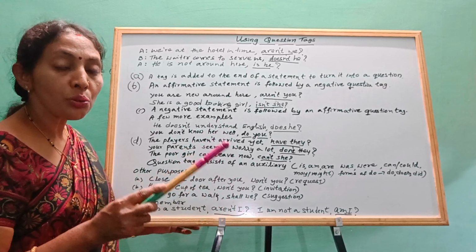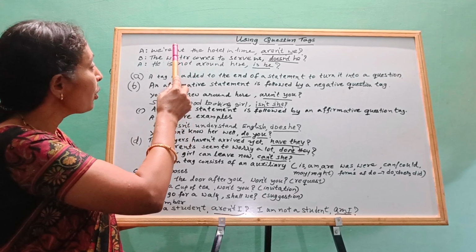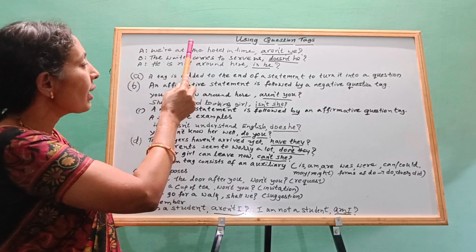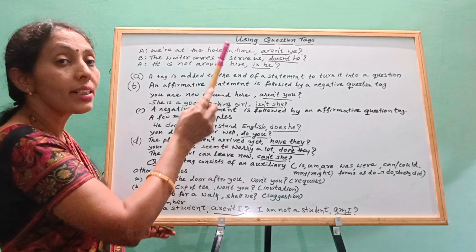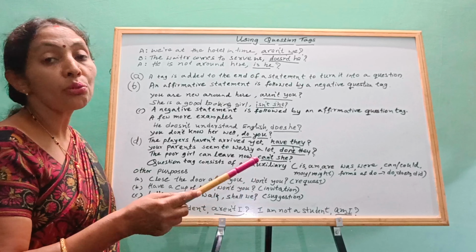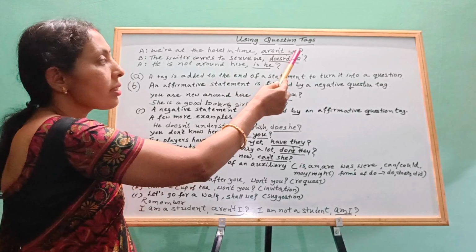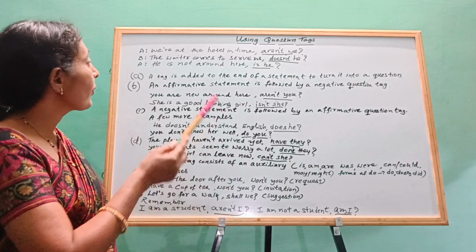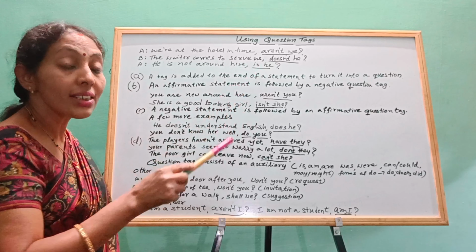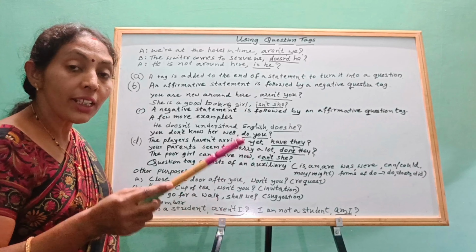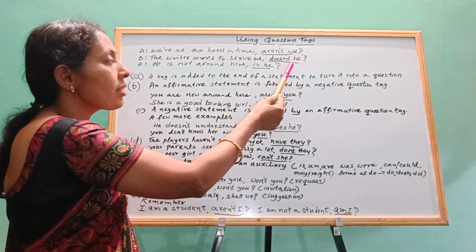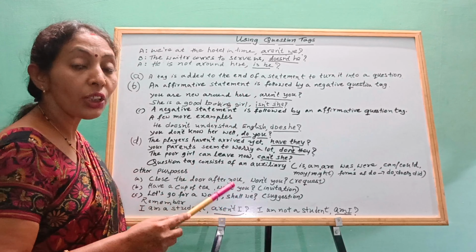To understand this rule, we can use the above sentences. We are at the hotel in time. It's a statement. If we add a tag to this sentence, it becomes a question. The waiter comes to serve us. This is a statement. If we add a tag to this sentence, it becomes doesn't he? A question.